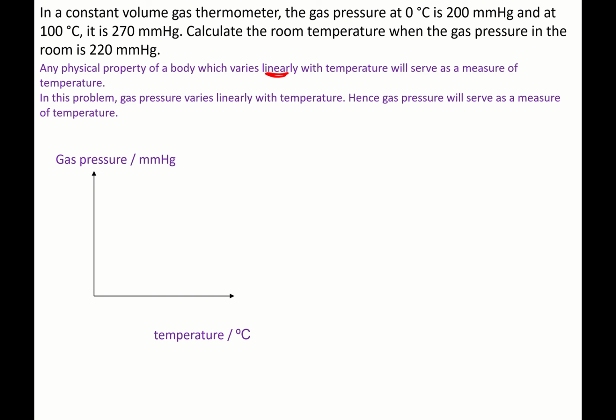Gas pressure 270 mmHg, temperature 100 degrees Celsius. So sketch out these two coordinates first. And I say again, since it's a linear relationship, what we can do is draw a straight line cutting through these two coordinates because we're going to assume a linear relationship.